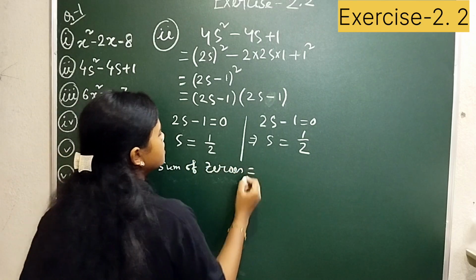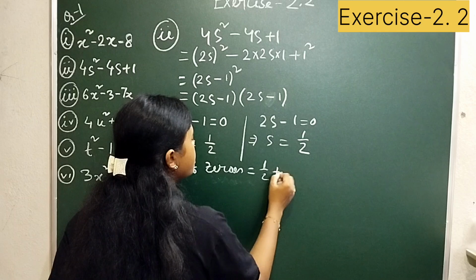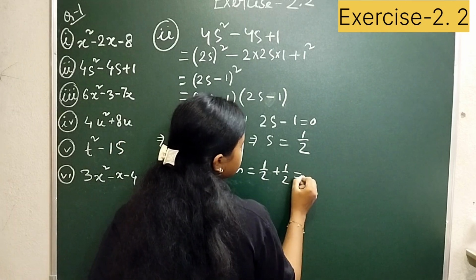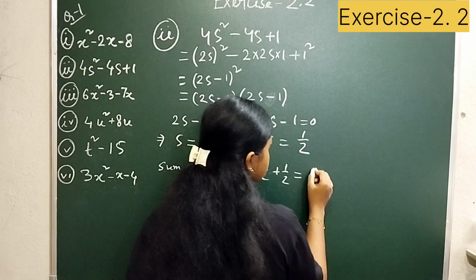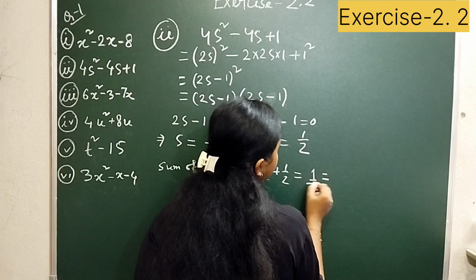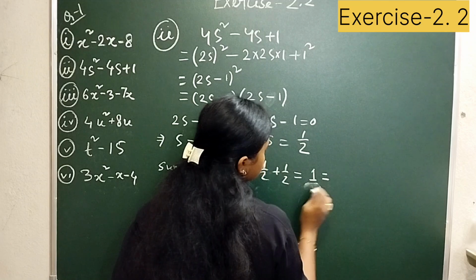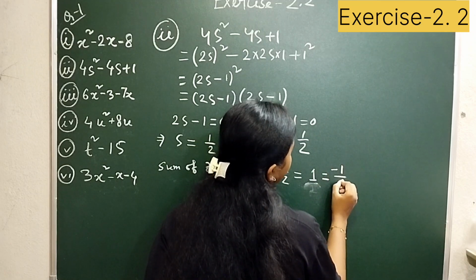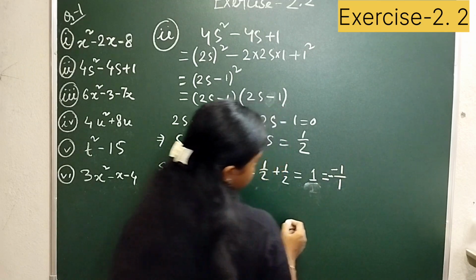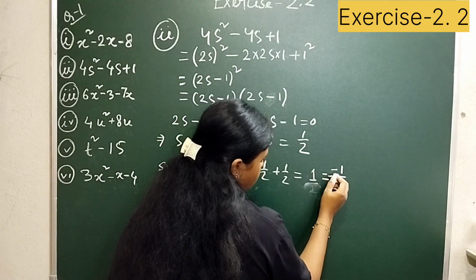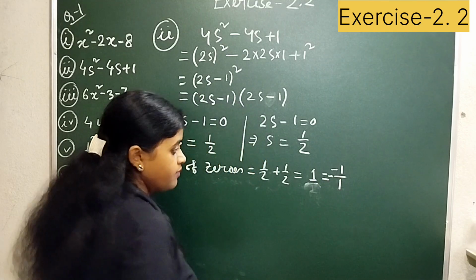Sum of zeros is equal to half plus half. Okay, two zeros we have, half and half. Next, half plus half means 1, and we can write it as 1 by 1. So now we can write it as minus 1 by 1, and in front of them this is minus, because we have plus 1. To adjust this sign we have to give two minus signs.